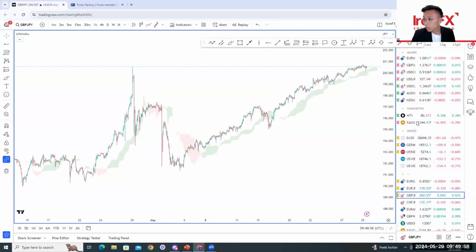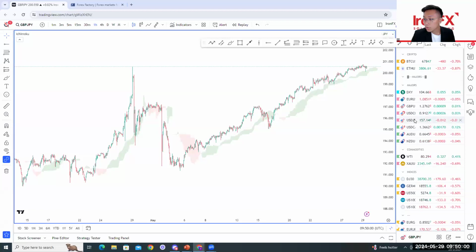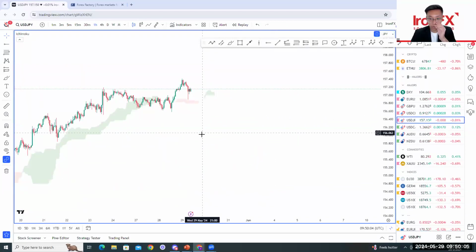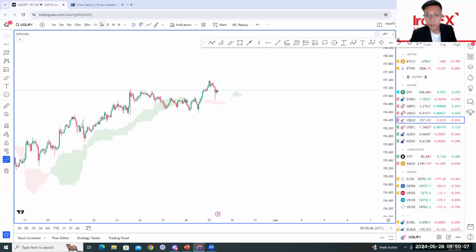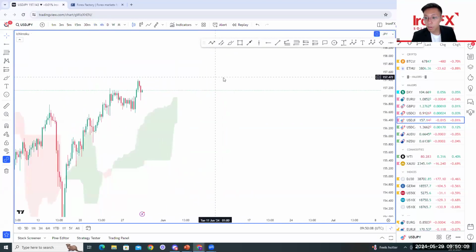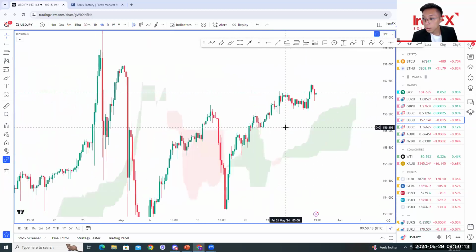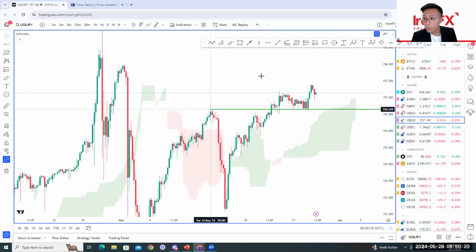So taking reference into USD JPY, let me see. Let's start off with our H4 analysis. This might be a good support level to buy from.